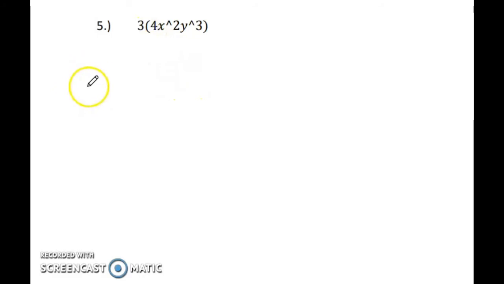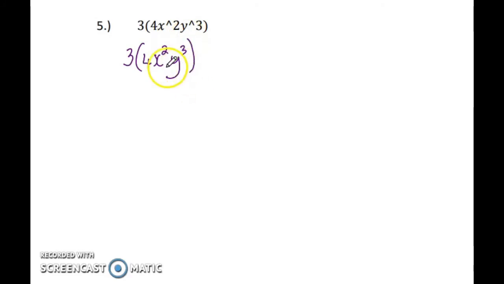Okay, so for this question, we have some signs here that we're going to navigate through. So I'm going to rewrite it based on how you should interpret the question. Here I have my 3 outside of the bracket, and this is saying 4x raised to the 2nd power, and then y raised to the 3rd power.